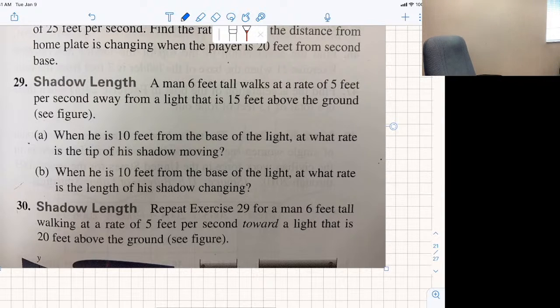I'm 6 feet tall, Mr. Ye. Not trying to brag or anything. Yeah, I'm actually 6 feet tall. There's a problem related to me. Are we about to do the related rates game?